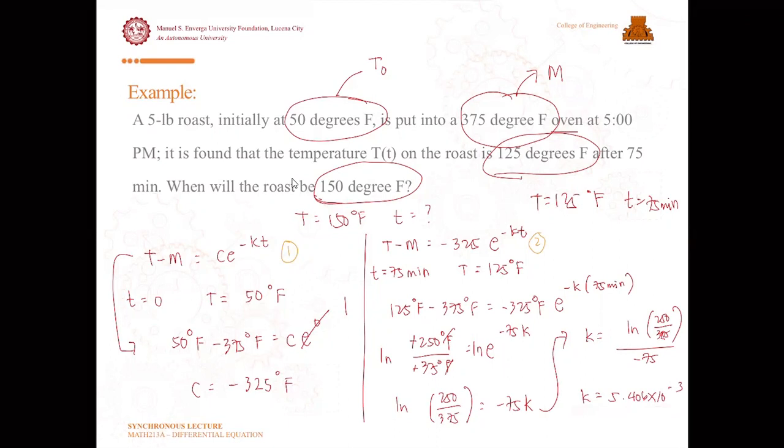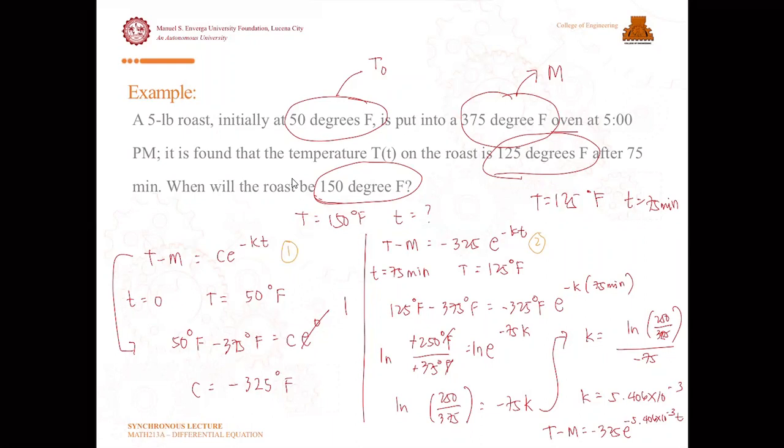So, therefore, since constant of proportionality yan, ibig sabihin, yung equation 2 natin will now be T minus M is equals to negative 325 e raised to negative 5.406 times 10 to the negative 3 T. Okay?